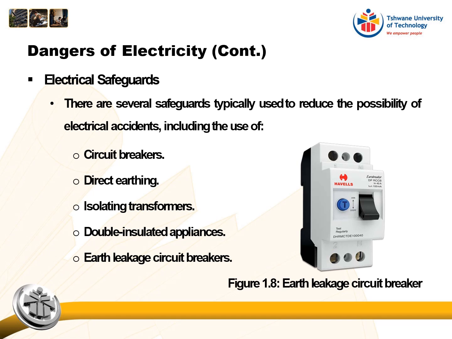Electrical safeguards. There are several safeguards typically used to reduce the possibility of electrical accidents, including the use of circuit breakers, direct earthing, isolating transformers, double insulated appliances, and earth leakage circuit breakers. The picture shows an earth leakage circuit breaker.